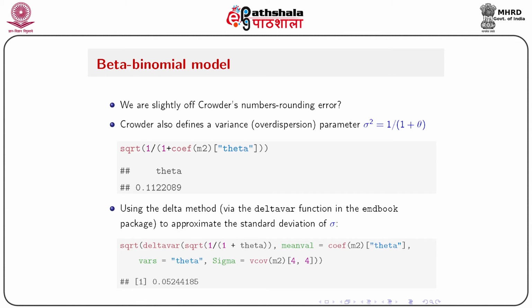Using the delta method via the deltavar function in the emdbook package to approximate the standard deviation of sigma, say sqrt deltavar sqrt 1 over 1 plus theta, then meanval equals coefficient of beta 2 of theta, and then vars equals theta, sigma equals vcov M2 4,4, and that will give you the approximation.